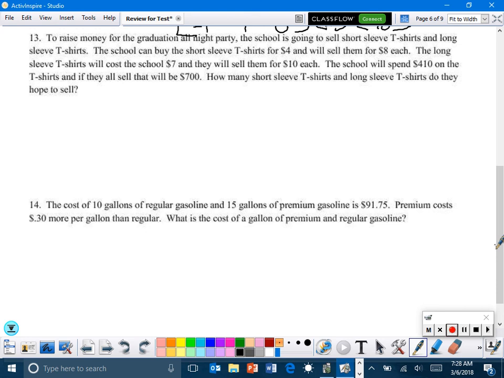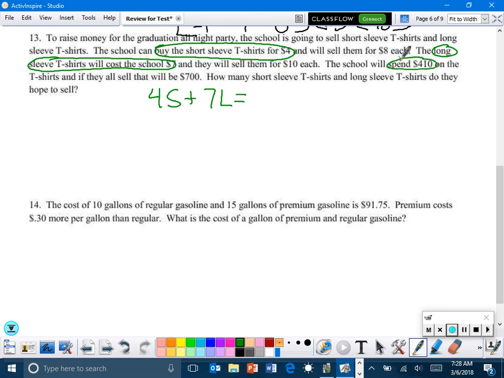Okay, so it's just like the pizza problem. So we've got long sleeve and short sleeve. The school had to buy the short sleeve for 4, so 4S, plus the long sleeve, which they had to buy for $7, and they spent $410 buying them.